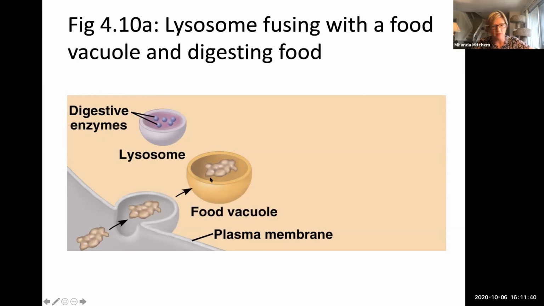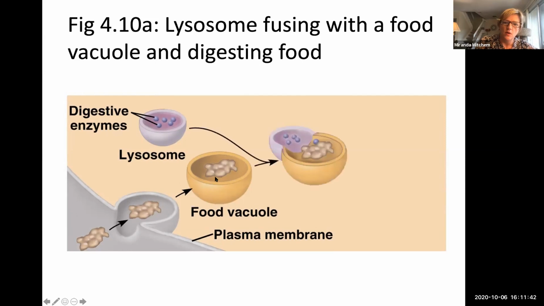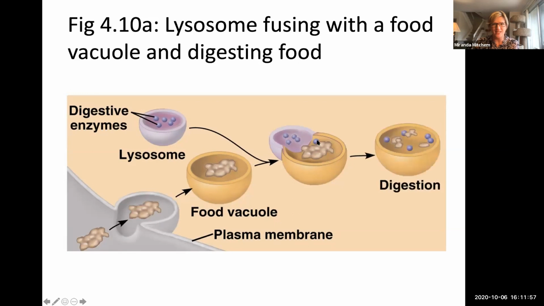Vacuoles are bigger than vesicles. What happens is the lysosome is going to fuse, so the two membranes actually become one, and that spills the digestive enzymes of the lysosome onto the food, where the food is digested down to its pieces that the cell can then use for whatever it needs. So this is an example of a lysosome fusing with a food vacuole to digest food.